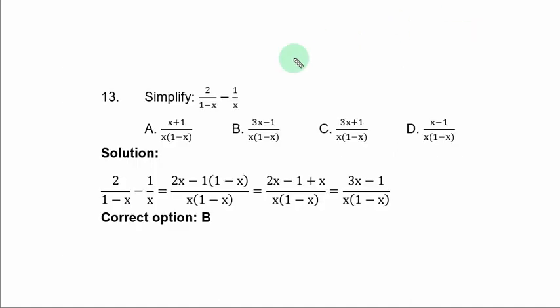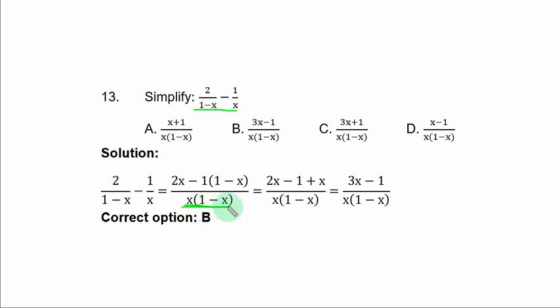Question 13. Simplify 2 over 1 minus s, minus 1 over s. This is fraction and subtraction. To simplify, you find the LCM of the denominators, and the LCM is s bracket open 1 minus s bracket close. The rule is that you divide the LCM by each denominator and your answer times numerator.